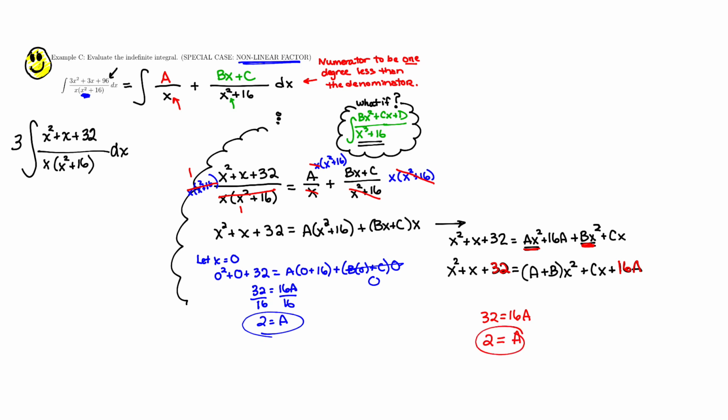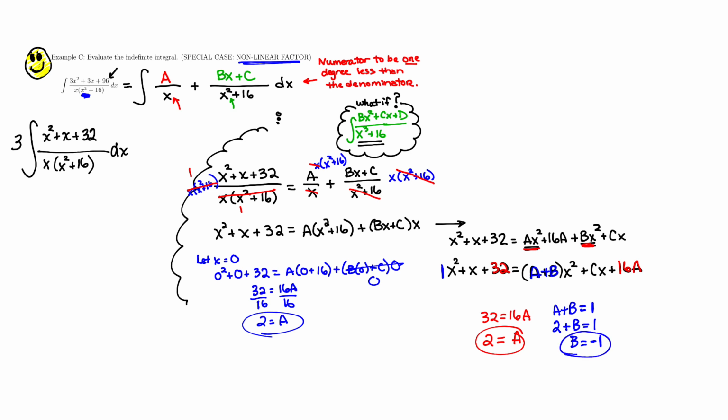And now, since a is 2, a plus b has to be the coefficient on x squared. So a plus b has to equal 1. But I already know that a is 2, and so that means b has to be negative 1.